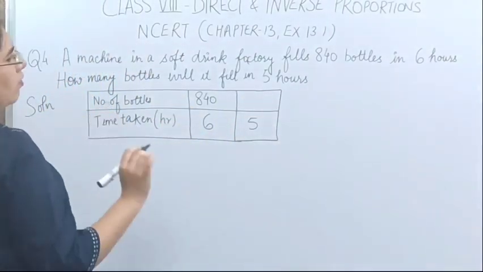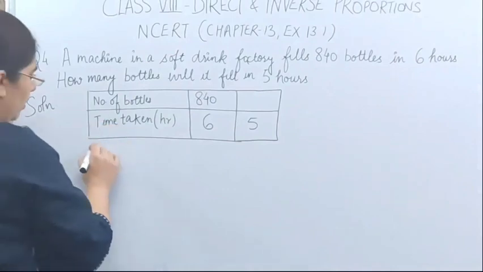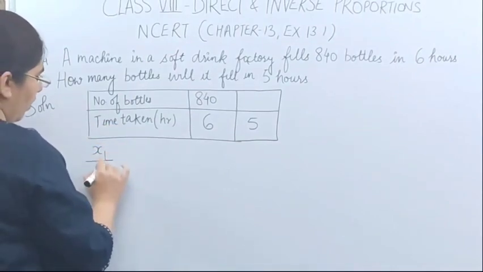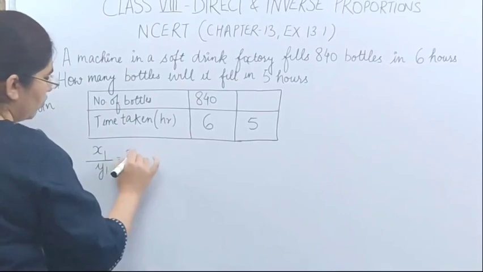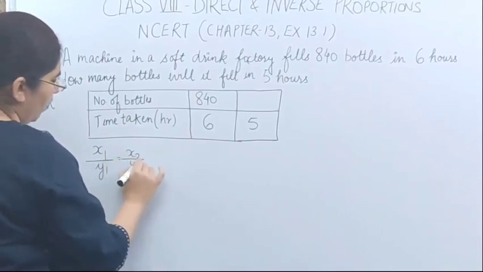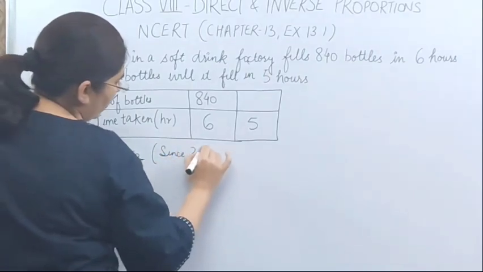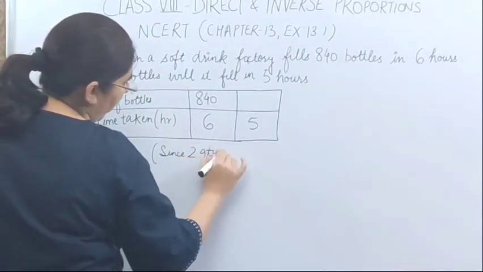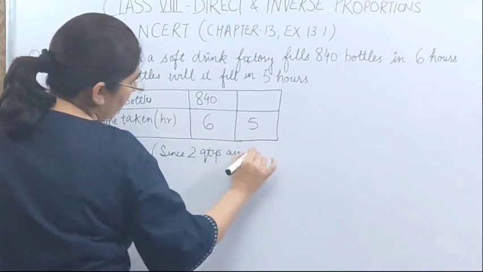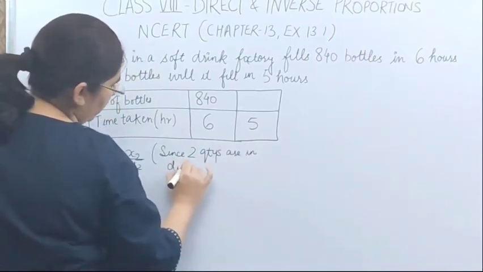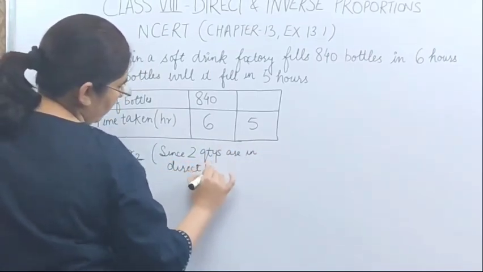Since it is a case of direct proportion, we know x1 upon y1 equals x2 upon y2, since the two quantities are in direct proportion, right?